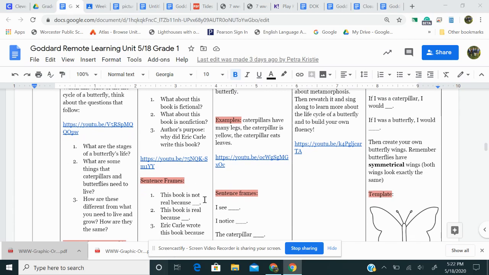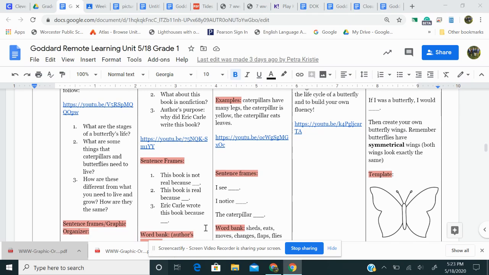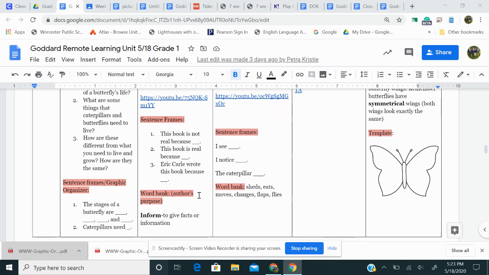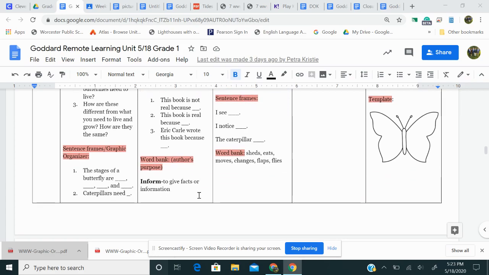Here are some sentence frames to help you. 1, this book is not real because blank. 2, this book is real because blank. 3, Eric Carle wrote this book because blank. And here is a word bank to use for the author's purpose.